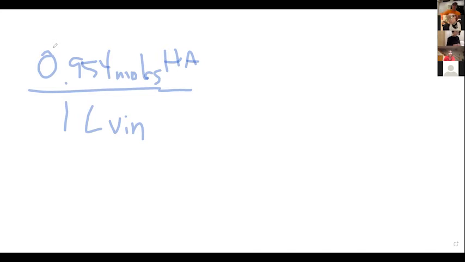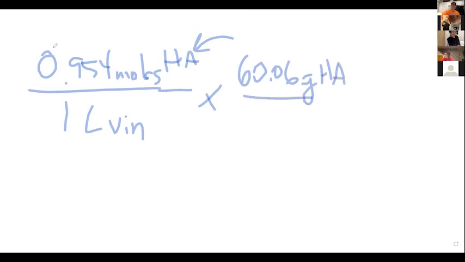So it'd be 0.954 moles multiplied by the molar mass. Yeah, so you convert this part to grams of acetic acid using the molar mass, whatever it is, I can't remember, grams over mole, and then 1 ml over 1.005 grams.